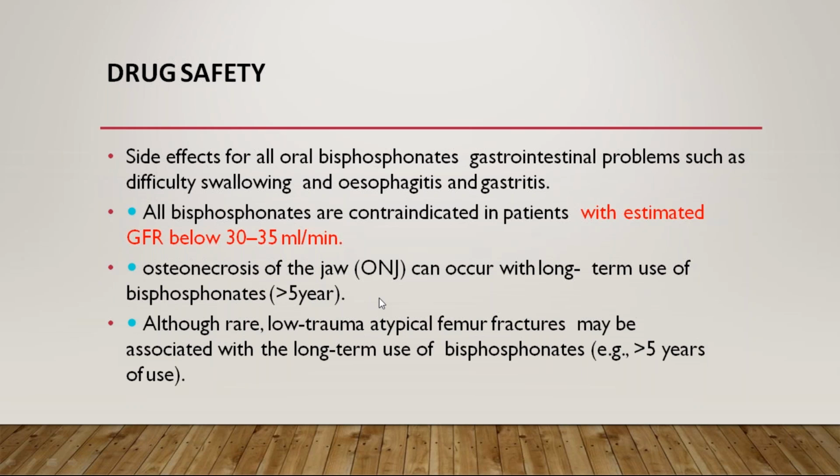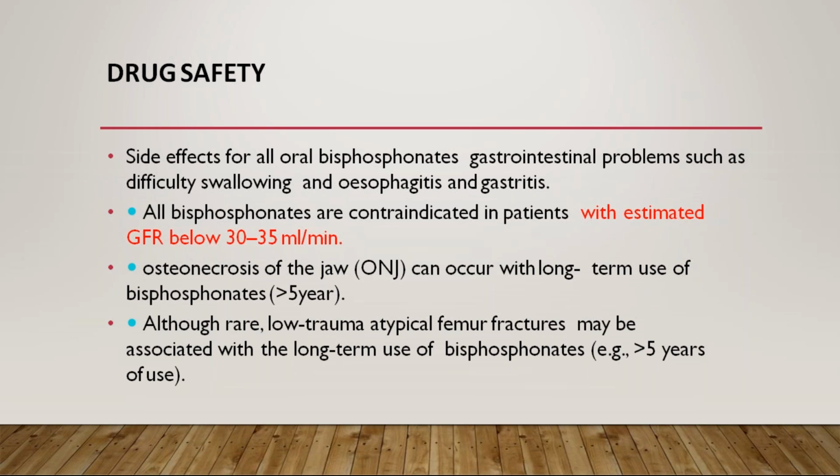And if the patients have long-term usage of bisphosphonates, they can get osteonecrosis of the jaw, ONJ. This is one of the MCQs of interest. Osteonecrosis of the jaw can occur in long-term use of bisphosphonates, and atypical femoral fractures are also more likely in long-term bisphosphonate use. What do atypical femoral fractures mean?